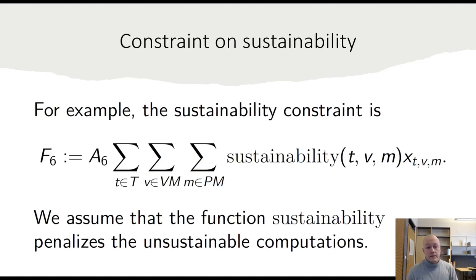In the paper, we identify multiple of these constraints, and I don't have time to go through all of them. They follow a very similar idea. But if we take another example, the sustainability constraint is in some sense a lot different.